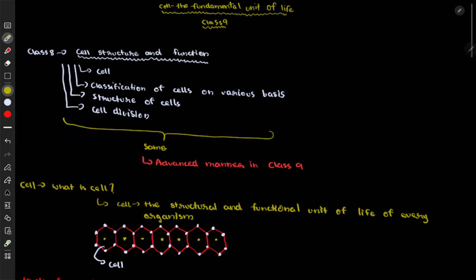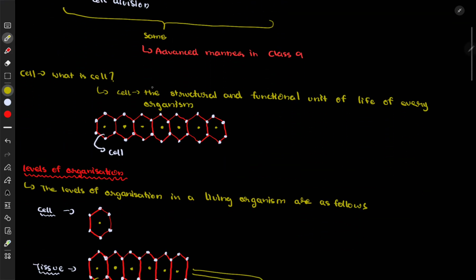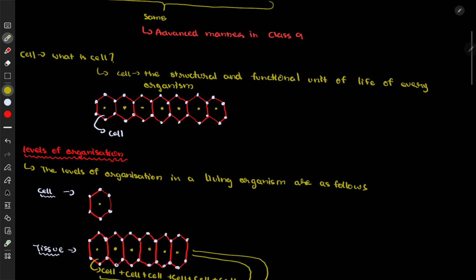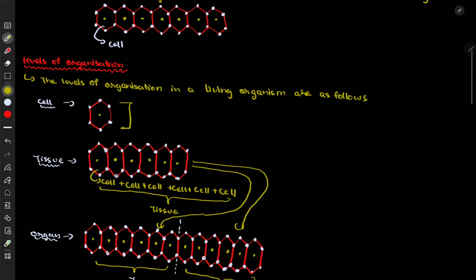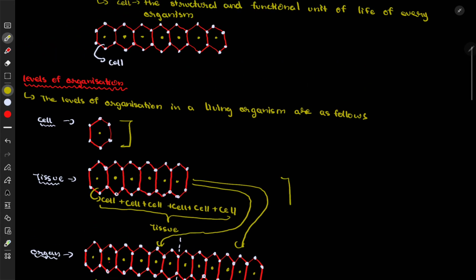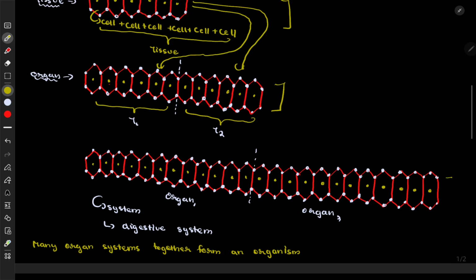Fine. So if you look at what we have just studied, we have studied that the cell is the structural and functional unit of life of every living organism. We have studied the levels of organization in different living organisms. We have a cell, then a tissue, an organ, an organ system.